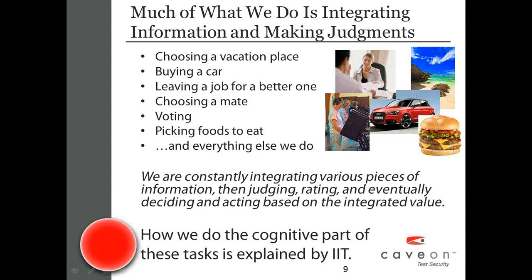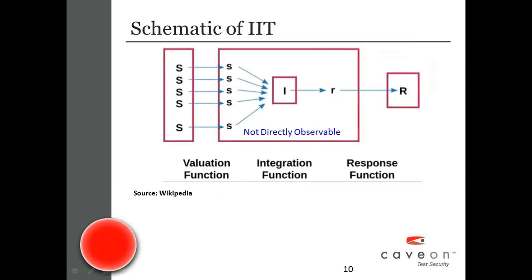We're then judging it, rating it, eventually deciding and acting based on that value. How we do that cognitive part of those tasks is explained by IIT. Next slide, please, Steve. And I might add, even judging the difficulty of test questions is a task, more specifically one we're going to talk about today. But it is very similar to any of those other tasks we do in life. So this particular chart came from Wikipedia.